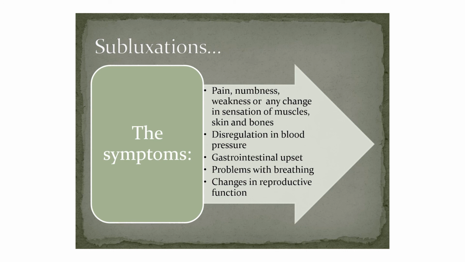The blood pressure physically goes up. Maybe the person, when they're in a lot of pain, is nauseous, so they have GI upset. They become constipated. We often see people who are in chronic pain don't have good breathing mechanics, so that to them it feels like their chest is heavy. And in some cases, especially in the lower part of the lumbar spine and the sacrum, it can change reproductive and urinary function as well.